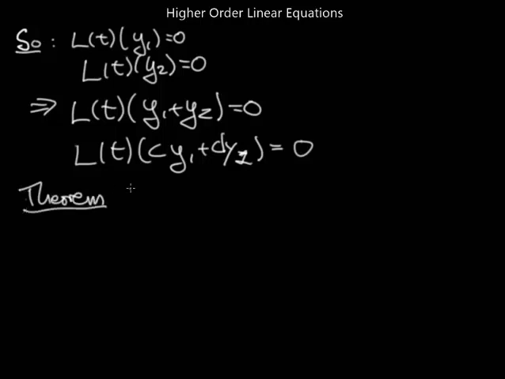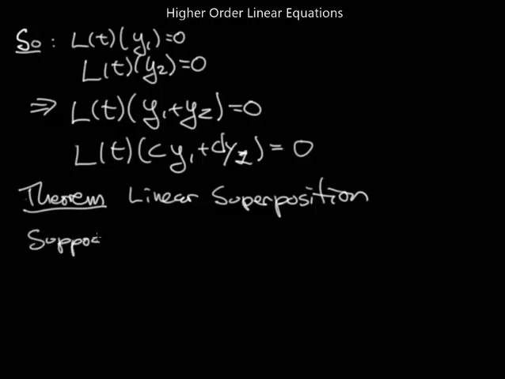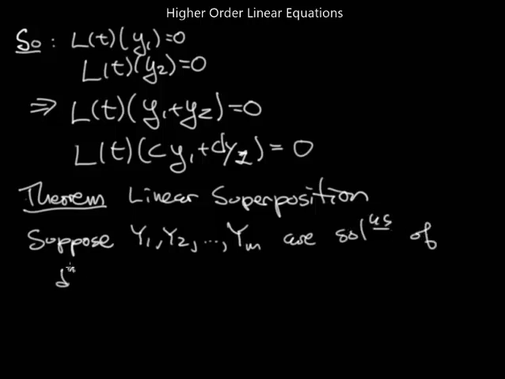And this is called the linear superposition theorem, or linear superposition principle. It says the following. Suppose I have a homogeneous higher order linear equation, and suppose I have a bunch of solutions to it, y1 through ym.